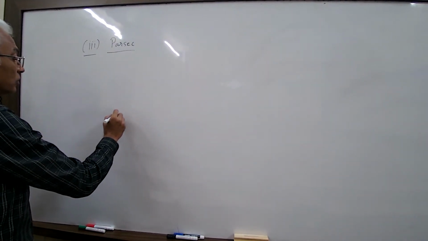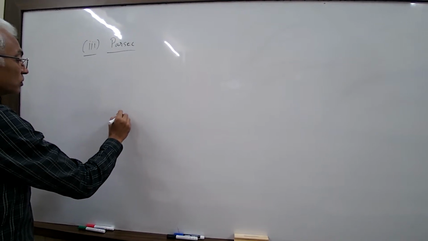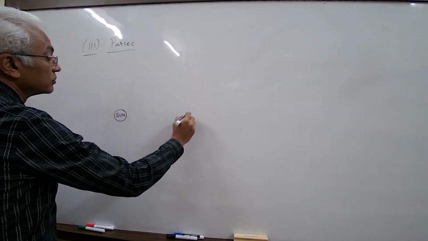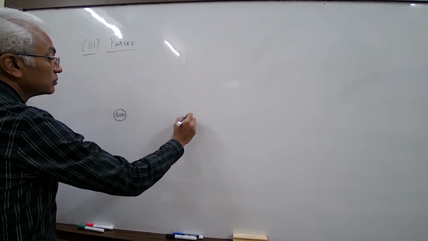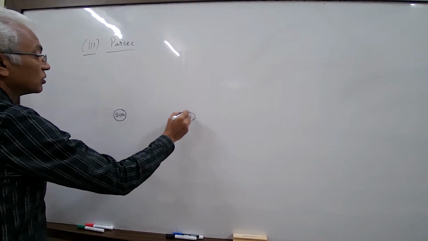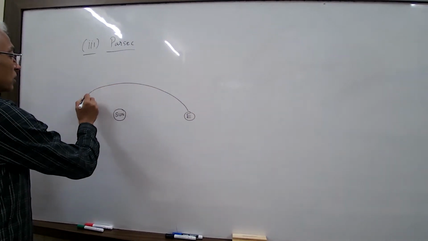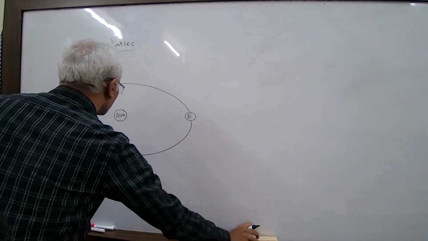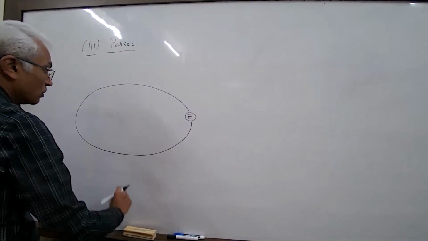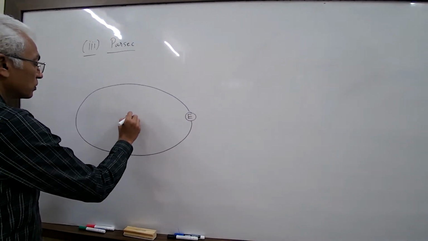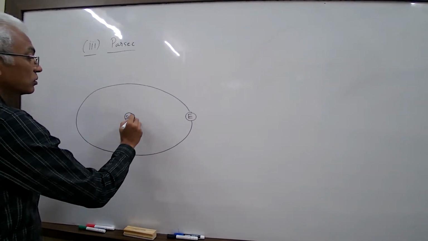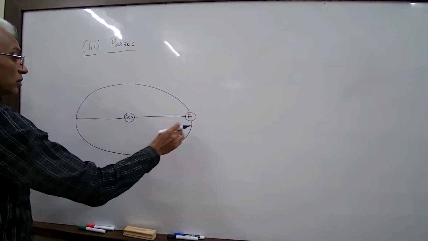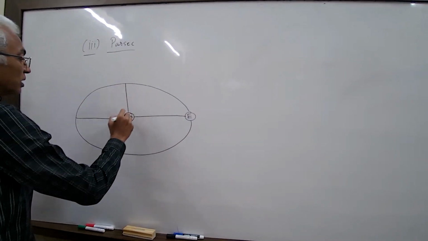So you have Sun here, and Earth. When Earth is revolving around Sun, it is an elliptical orbit, not exactly circular. So this is called the major axis. This is called minor axis.